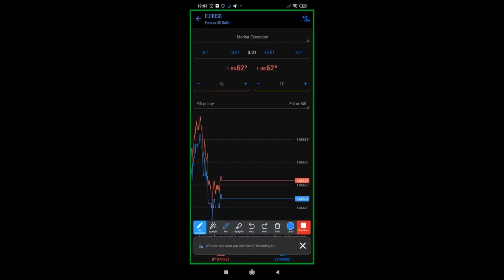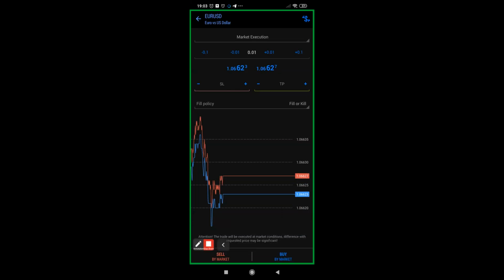You can add your stop loss and take profit even after you've placed the trade, so you don't have to be in a hurry to put it instantly. Let's say you don't know it, or you've put it, it's fine. Either is fine. Then at the very bottom, you see sell by market and buy by market.